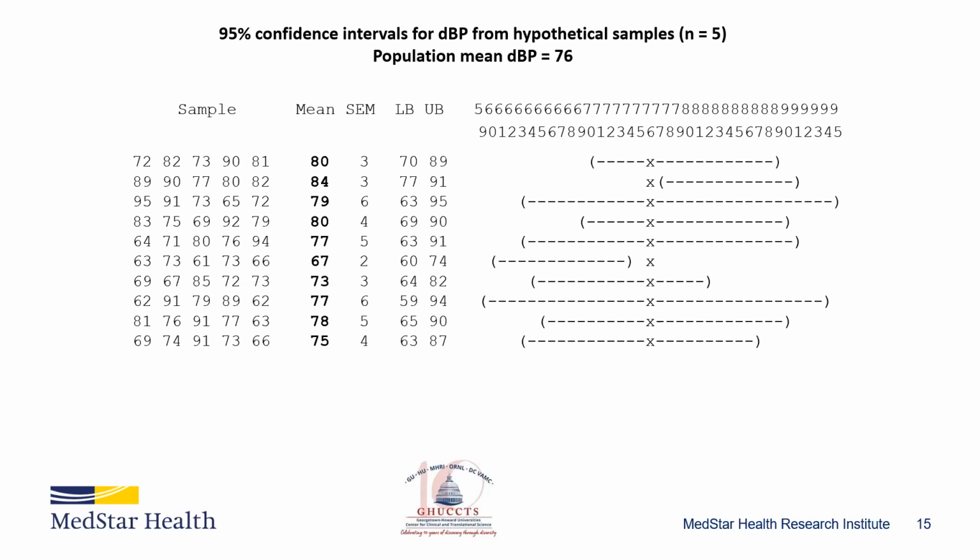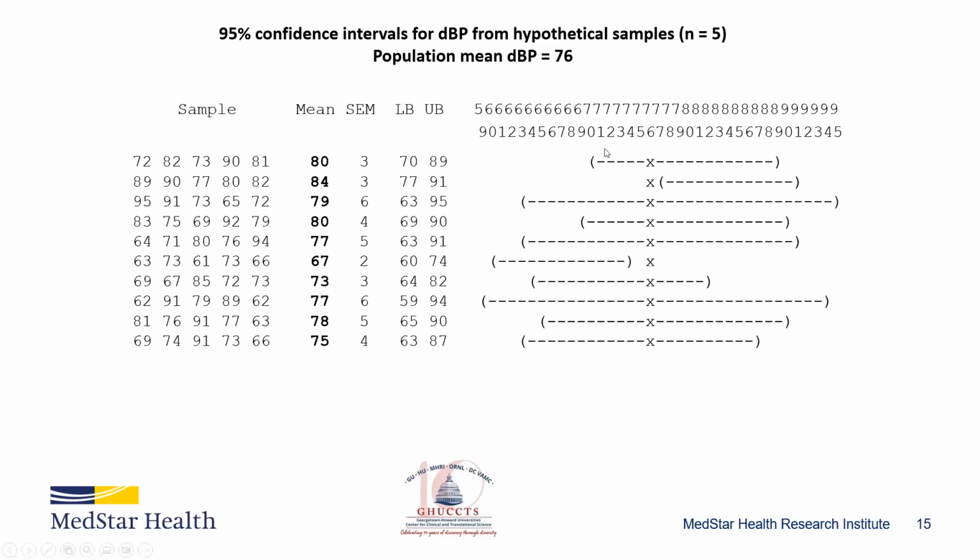So from that, we can calculate a lower bound and an upper bound for our confidence interval. Our lower bound is going to be 80 minus 2 times 3, and our upper bound is going to be 89, 80 plus 2 times 3. I rounded here, of course.